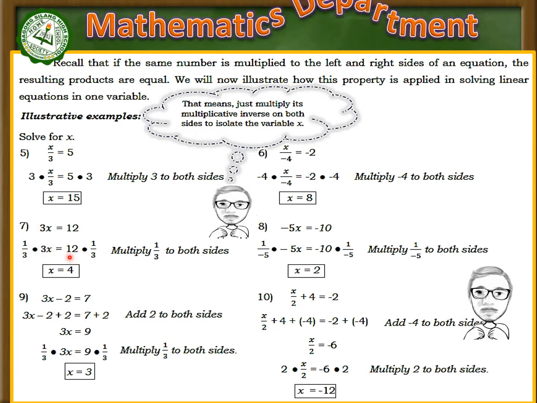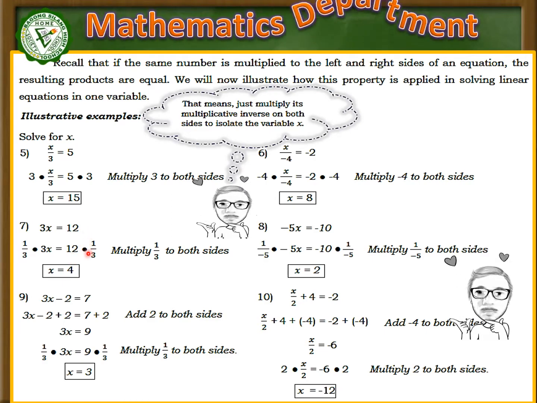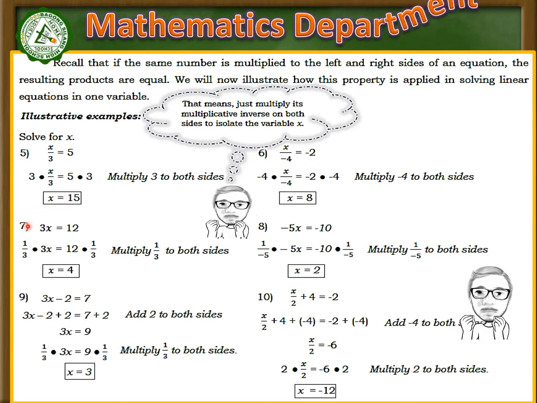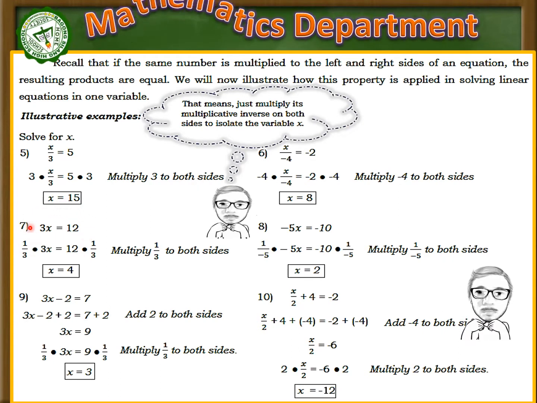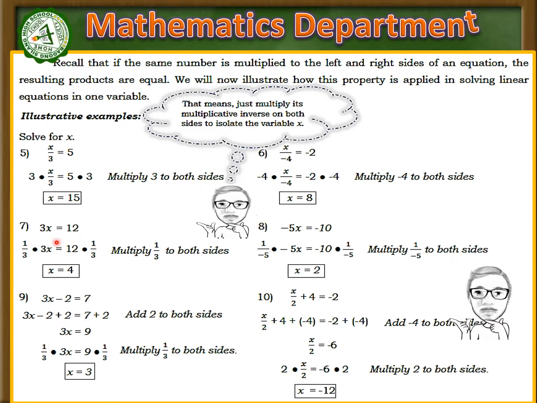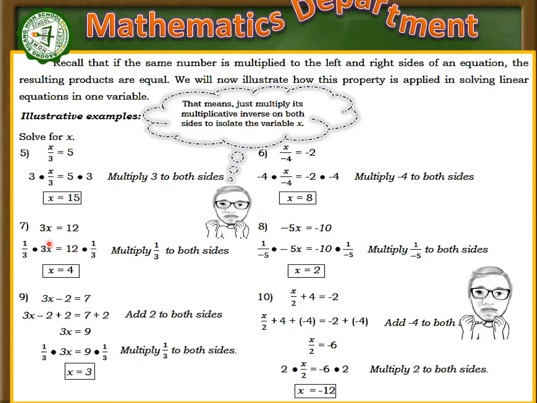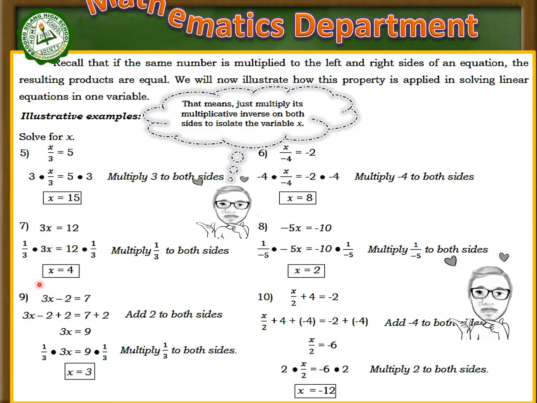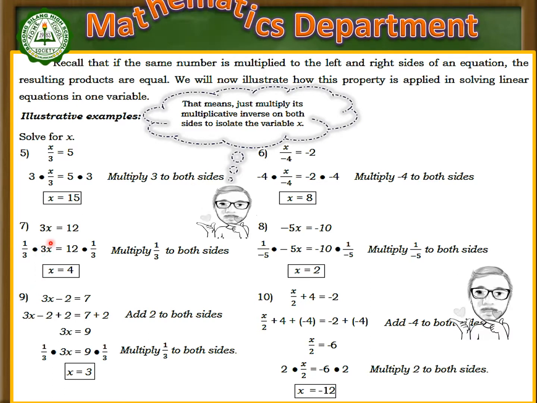And on the other side will be 12 times 1/3, and 1/3 of 12 is 4. Okay, let's go back to the given equation. 3 times 4 equals 12. Okay, so that's correct. The correct value of x will be 4. The number is 4.